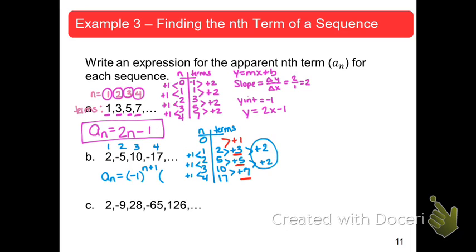So what number can I put right there that when I add 1 to it, it's going to give me 2? Well, 2 minus 1, if I work backwards, is 1. And then check it. 1 plus 1 is 2, so it works. So I know that in my equation, I have an n squared, and I have an n plus 1. Now, there could be a number in front of that n squared. We're not real sure.